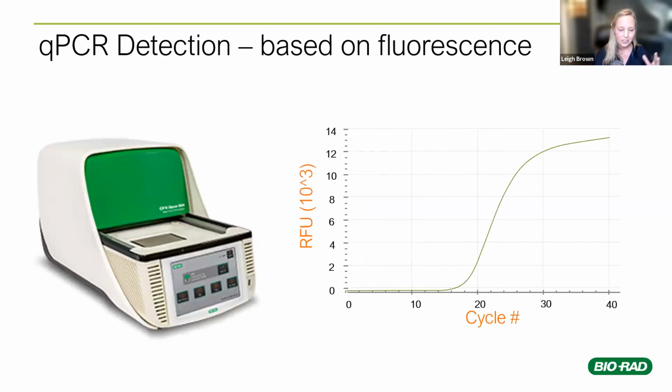And so the machine is looking at a relative amount of DNA present in the sample in real time. That's where real-time PCR gets its name. So as the reaction progresses and you get more DNA produced, the fluorescent marker becomes bound to the DNA, resulting in this increase and in this amplification curve that you can see here.